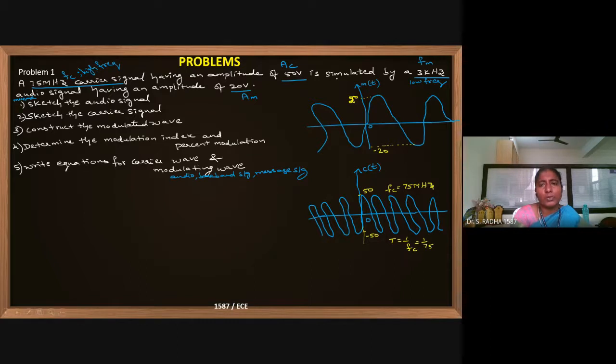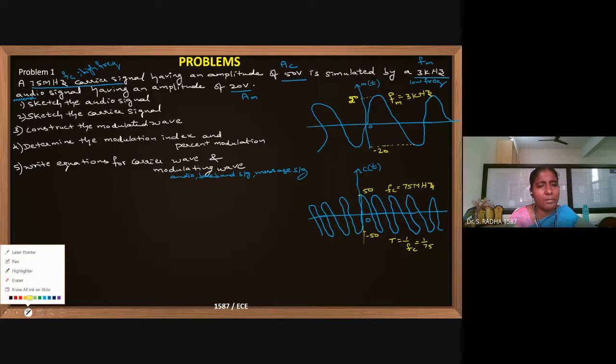I'm not going into too many details, just showing the difference: more positive and negative cycles is the carrier, fewer cycles is the message. For the message, the frequency is already given as 3 kilohertz. So the first point, sketching the audio signal, is completed.